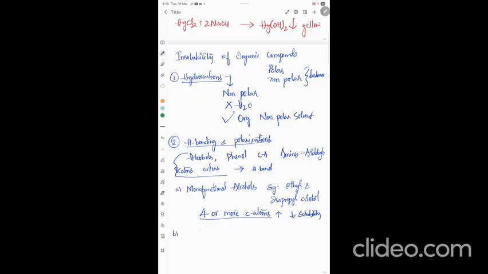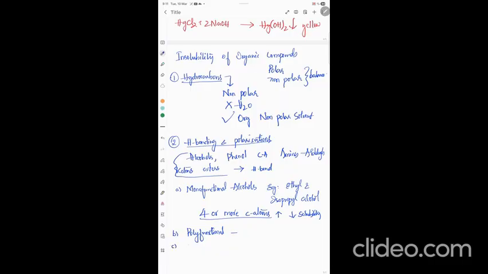And then we have polyfunctional alcohols. In the polyfunctional alcohols, the additional hydroxyl group increases the water solubility of organic compounds of higher molecular weight, right? So as and when there is an increase in the hydroxyl groups, the solubility of the compound increases.